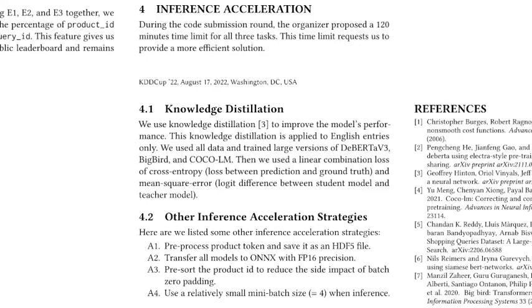A3, we pre-sort the products by the number of tokens to reduce the side impacts of batch zero padding. And the last one is that we use a relatively small mini batch size, which equals 4 when inferencing. We did a lot of local tests and finally found that a small mini batch size, let's say 4 or 8, is optimal.